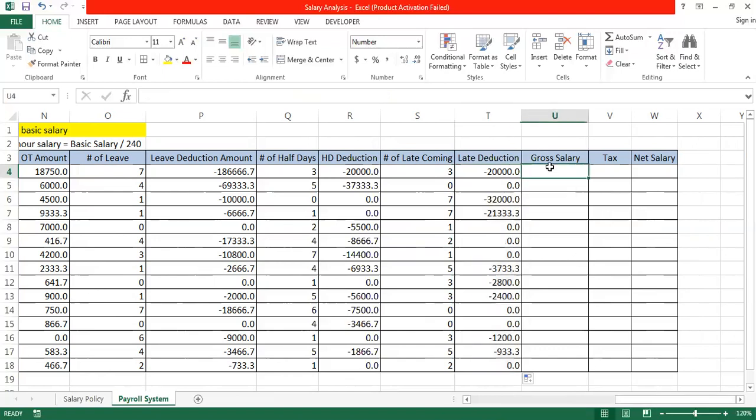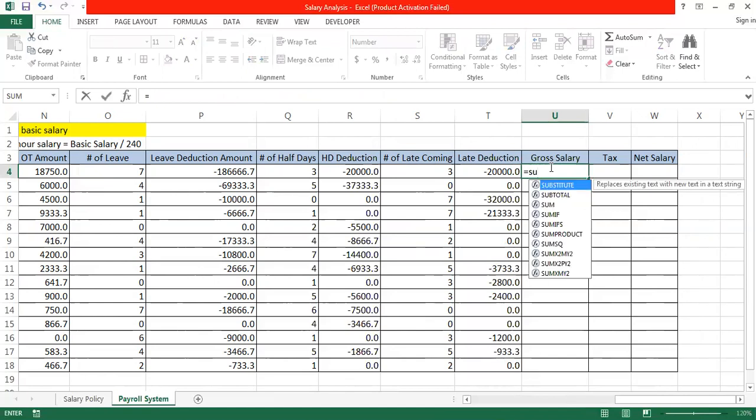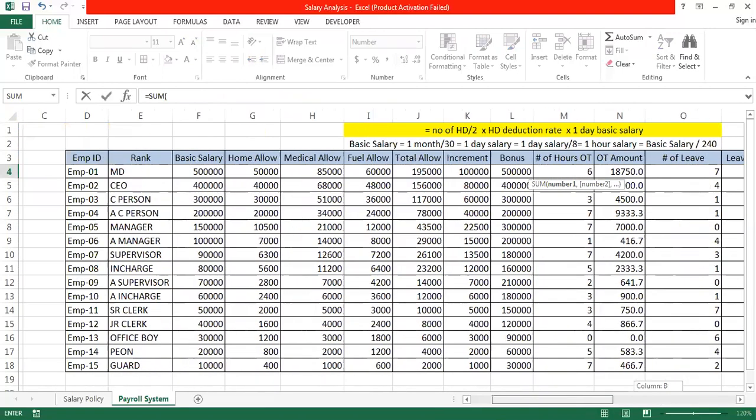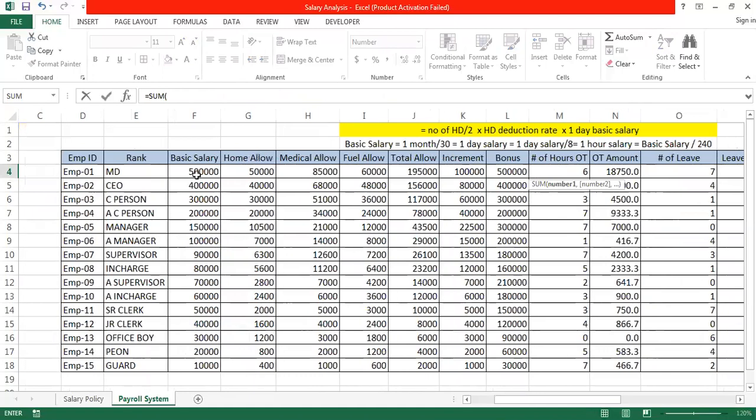Now I'm going to sum, is equals to sum basic salary, comma, home allowance, medical allowance, and fuel allowance will give us a total allowance.